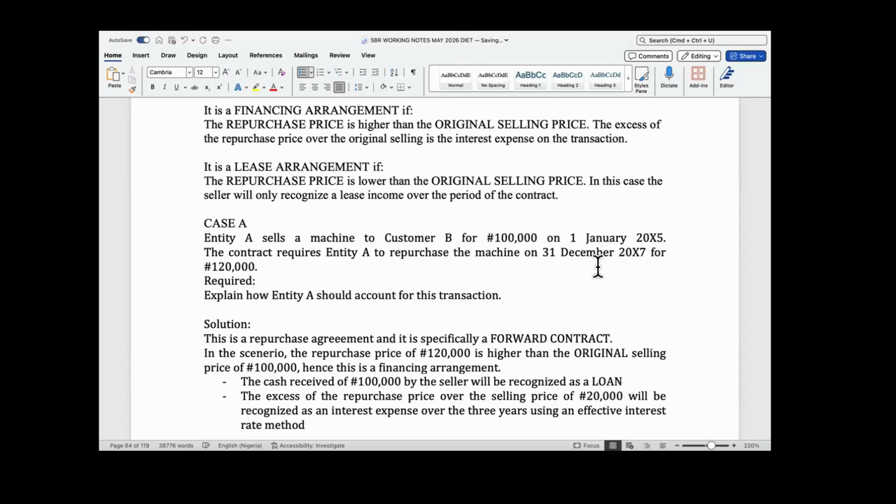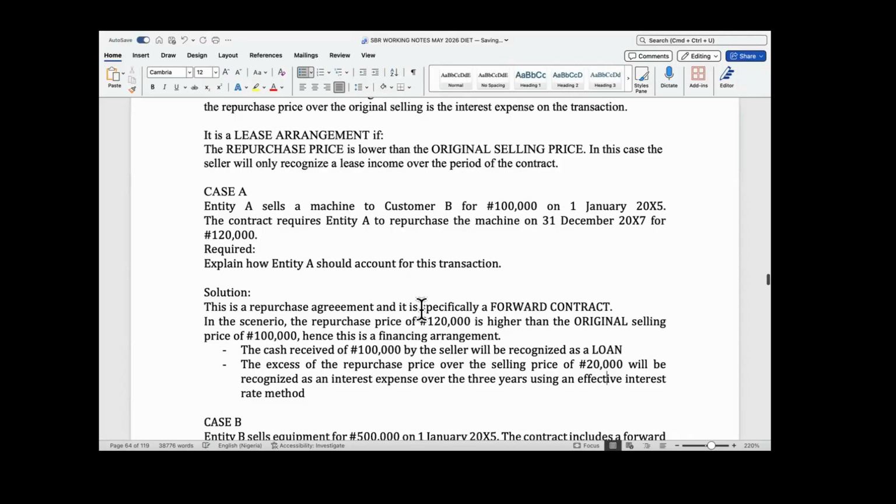So here now, this is how this transaction will be recognized, because the purchase price of 120,000 is higher than the original selling price of 100,000.